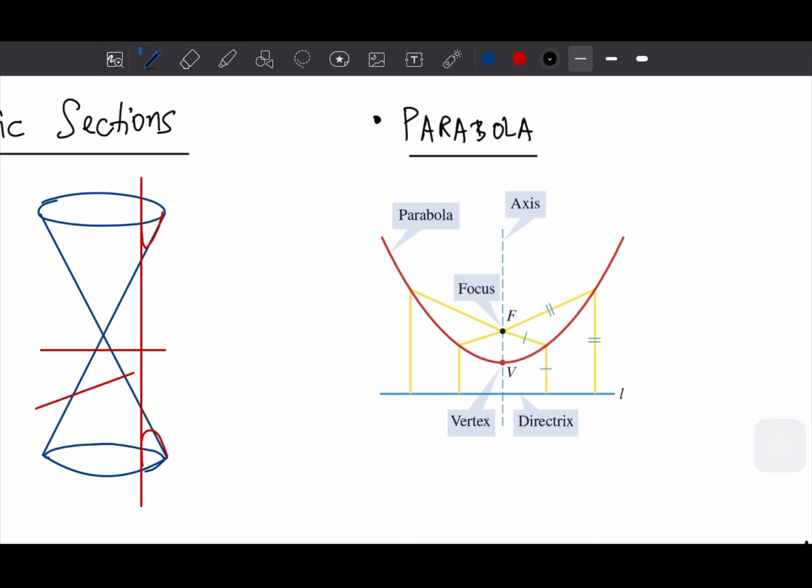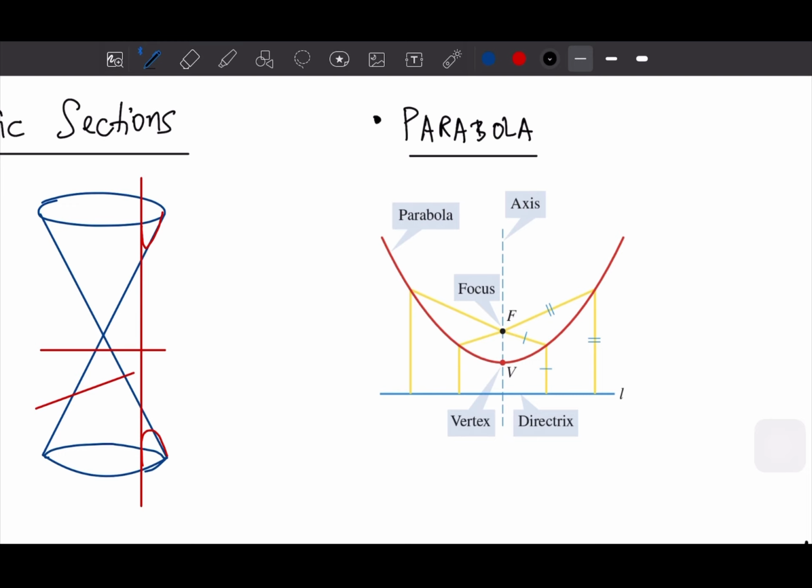And in front of the vertex, there is a line we call the directrix. If the terms are not really familiar, I think it's still okay, as long as you have a consistent definition.